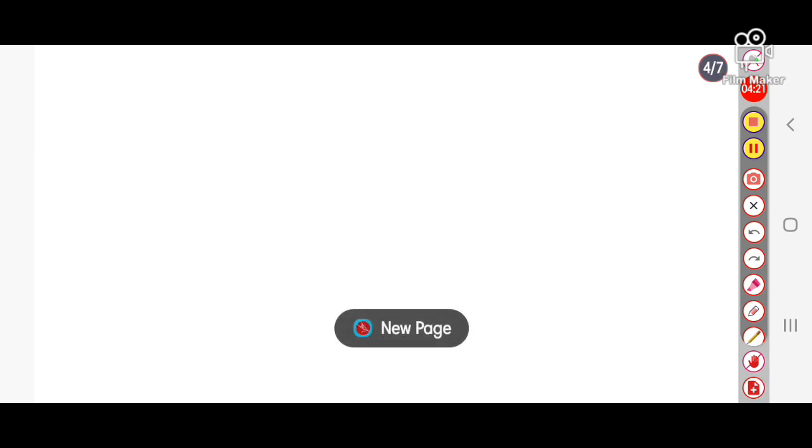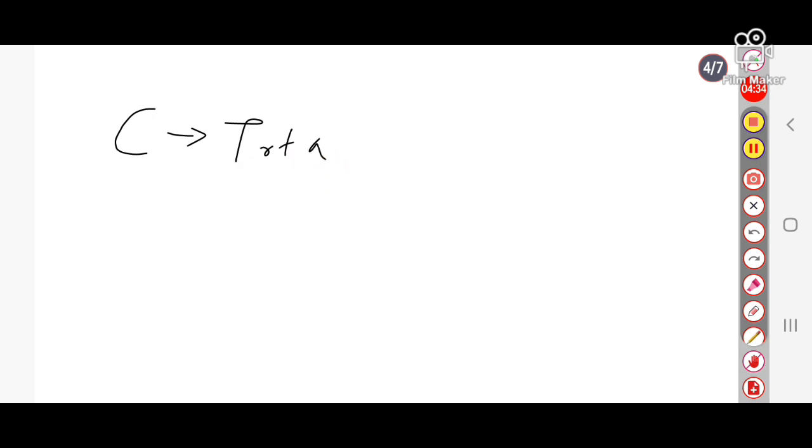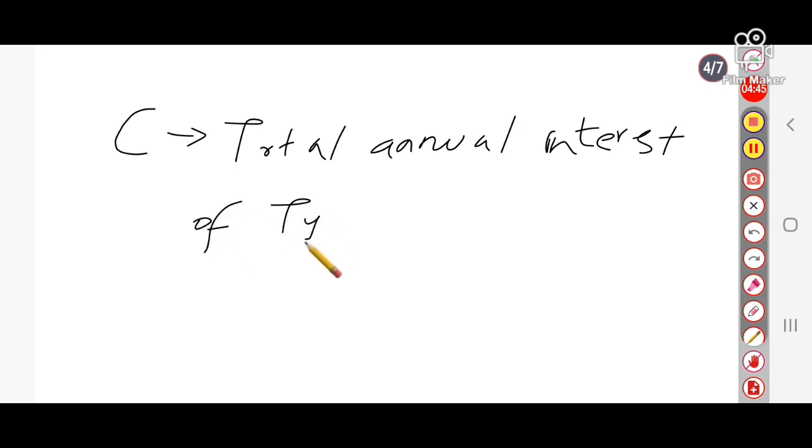Again, this is matrix C. This denotes the total annual interest of type 1 and type 2 bonds.